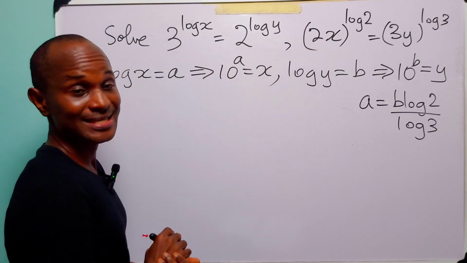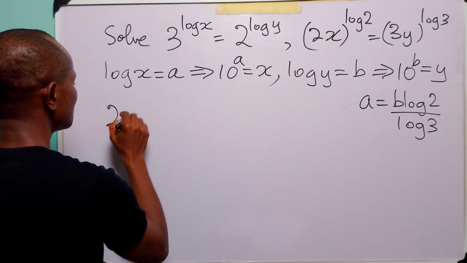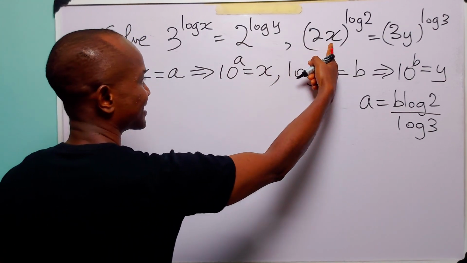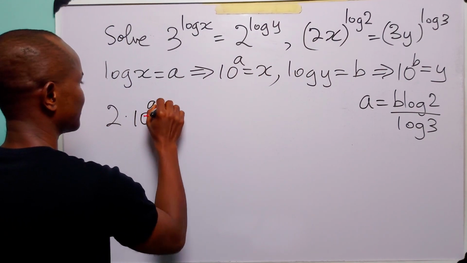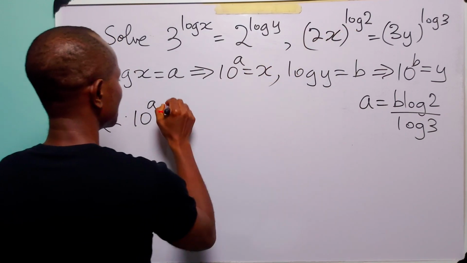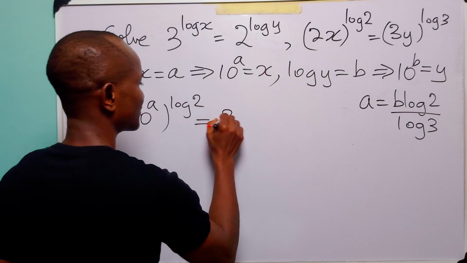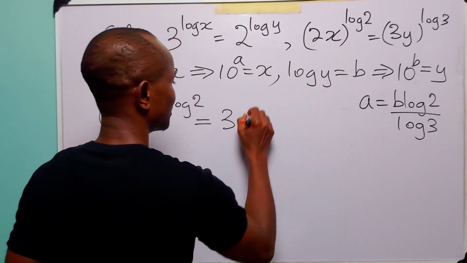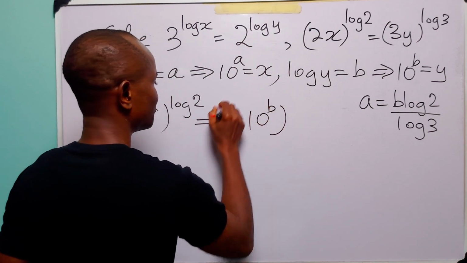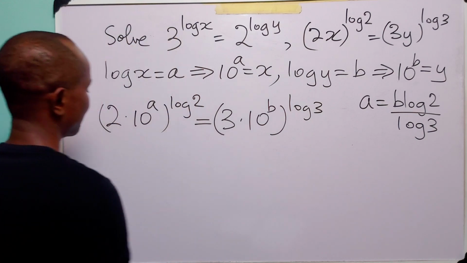Now, coming over to the second equation, with these two substitutions, we have 2 times, remember, x is now equal to 10 to the power a, to the power log 2, is equal to 3 times y, which is now equal to 10 to the power b, to the power log 3.